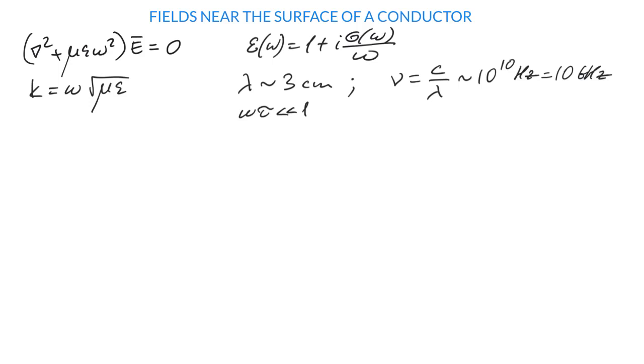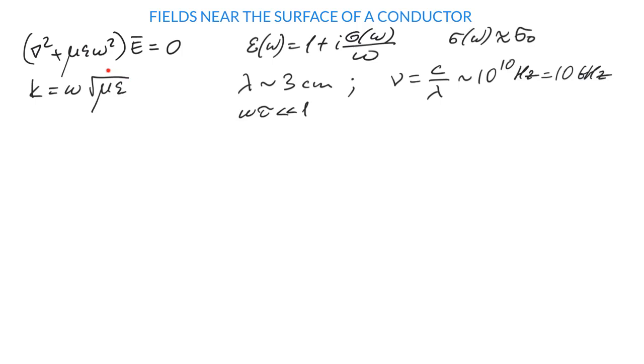Sigma of omega is approximately real, approximately equal to the static conductivity. The term with sigma divided by omega is much larger than 1, so the first term in this expression is small. Epsilon is close to purely imaginary.